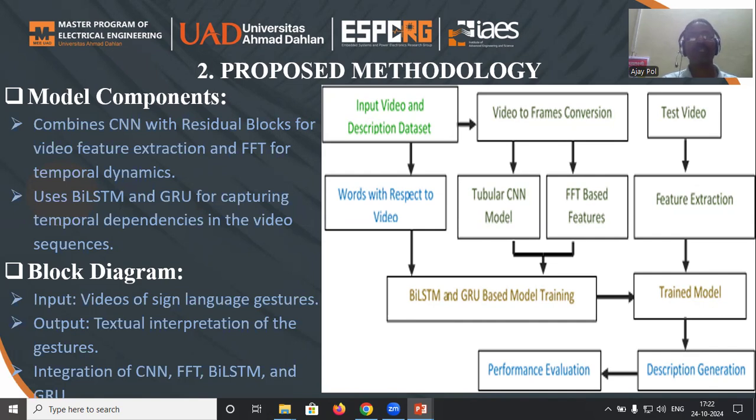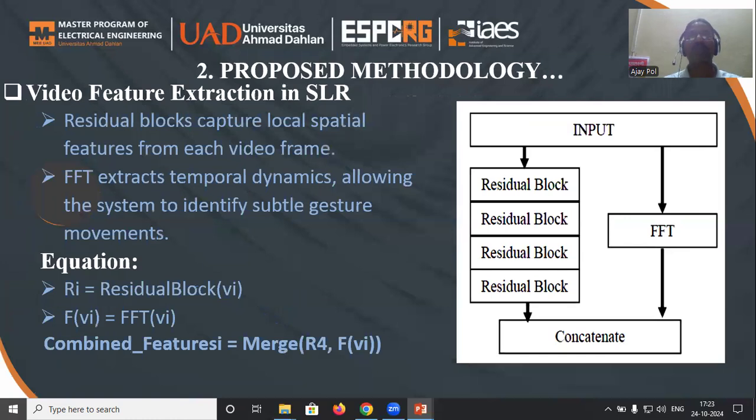These extracted features and the tokenized text vectors act as input for the BiLSTM and the GRU model. During testing, video frames are similarly extracted and the model predicts the sign language interpretation. The predictions are compared with the ground truth for evaluation.